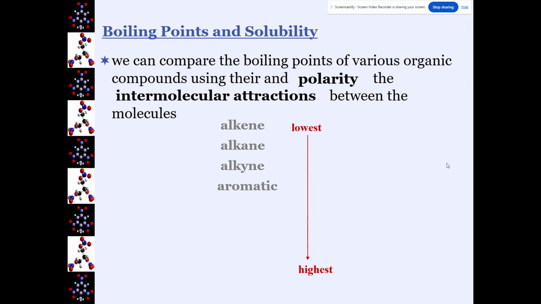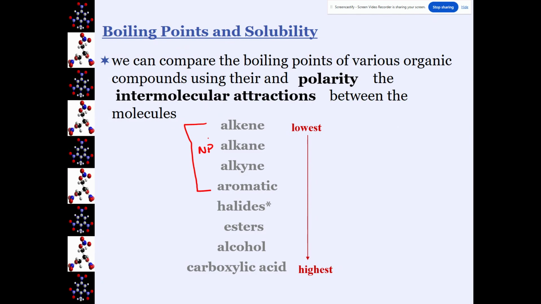Then any aromatics and halides, depending, of course, if they're polar or nonpolar. And then your esters, alcohols, and acids are the highest. Okay? So these are all your nonpolar molecules. Usually, halides again depends on if all the terminal atoms are the same or not. Usually these are the only nonpolar ones, so they only have London dispersion.